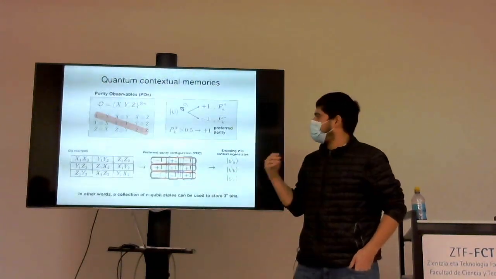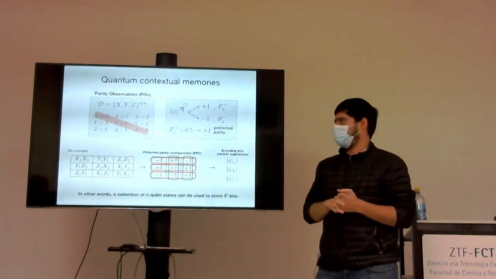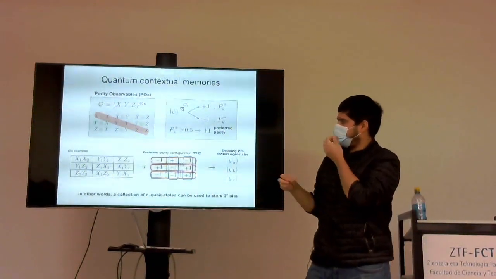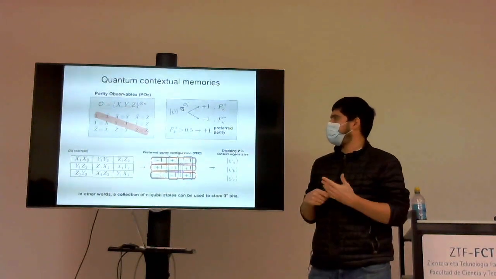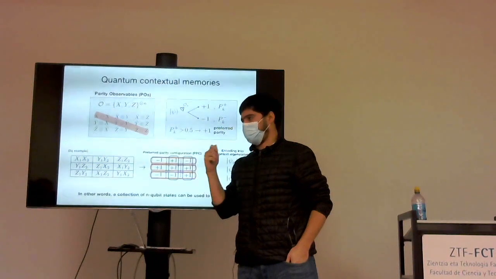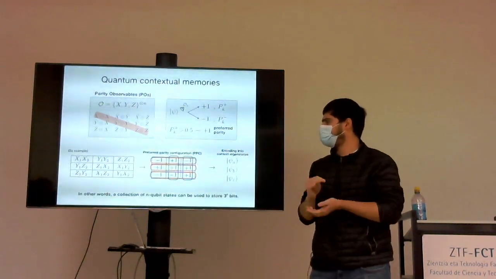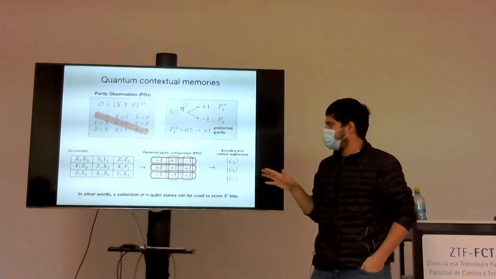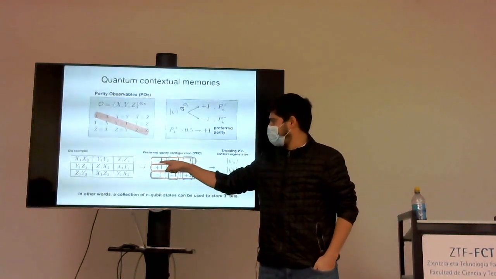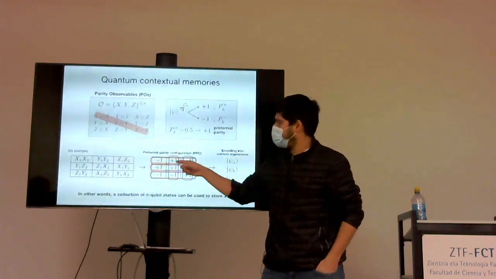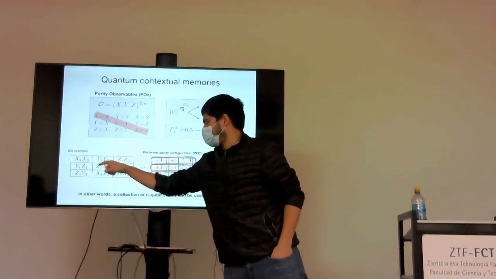So parity is going to be either +1 or -1 when measuring any of the POs. So if we use the concept of preferred parity, we can map 1 bit from each one of the parity observables. Okay, so for example, let's say we have this collection of parities, which we map to each one of the parity observables.